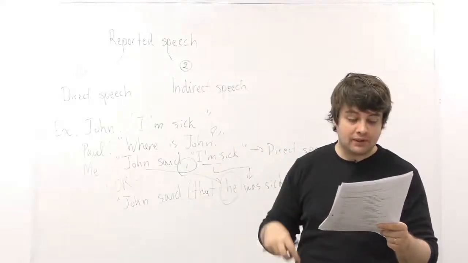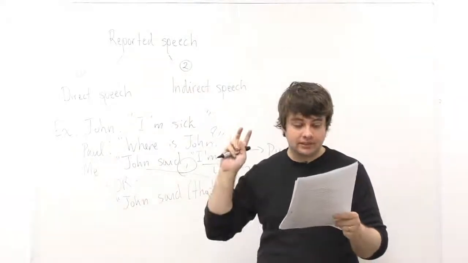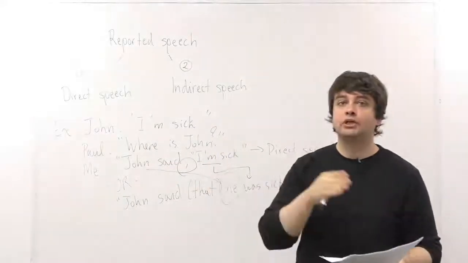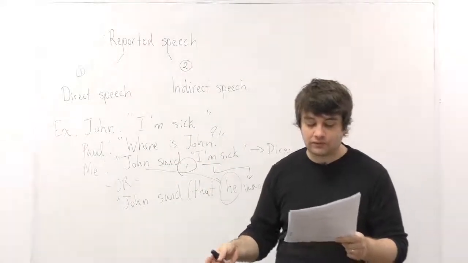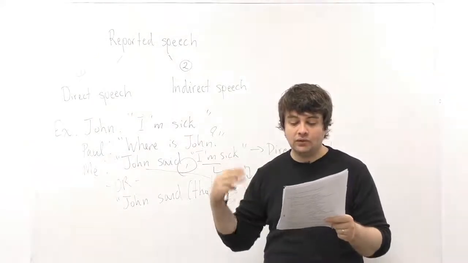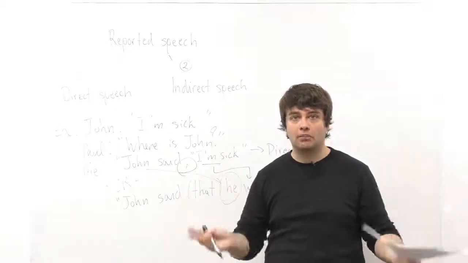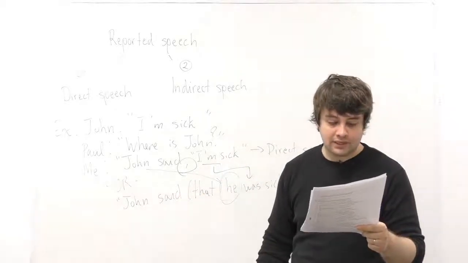Our second example here, he said, direct quote, we will discuss this tomorrow. When we're changing this into indirect speech, we'll say, he said that they would discuss it, and it being the matter, the issue, the problem, whatever it is, the next day.